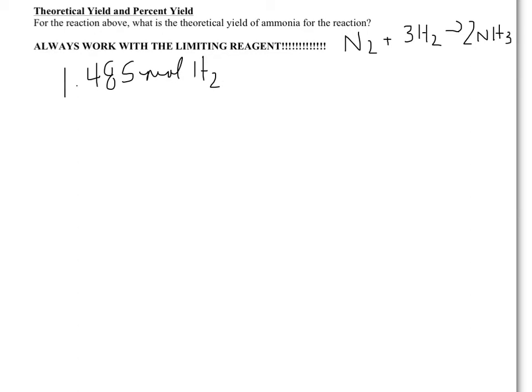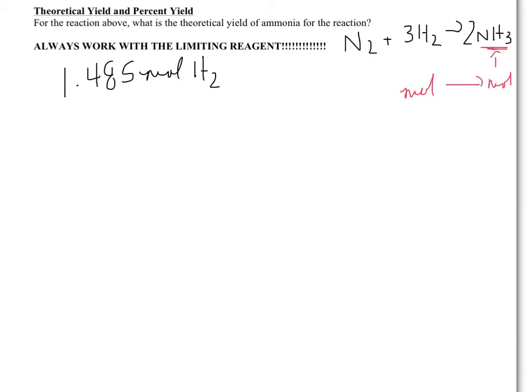So what we need to figure out now is the theoretical yield for ammonia. And this is a big important thing. We're going to use our limiting reagent, which is hydrogen gas, and we're already at mole. So in terms of the mole roadmap, I'm down here at mole. I'm going to convert over to moles using mole ratio, and then convert moles to mass to get my final theoretical yield.